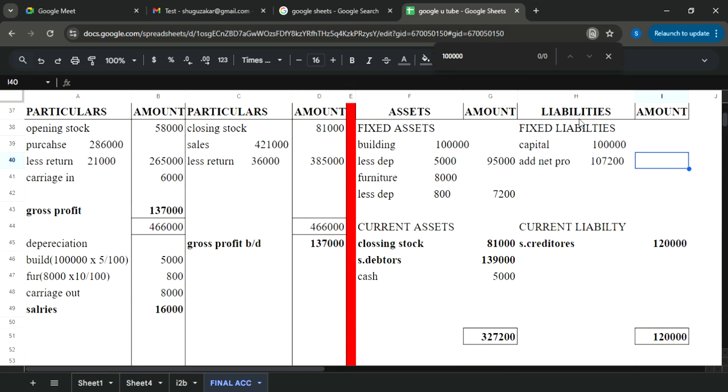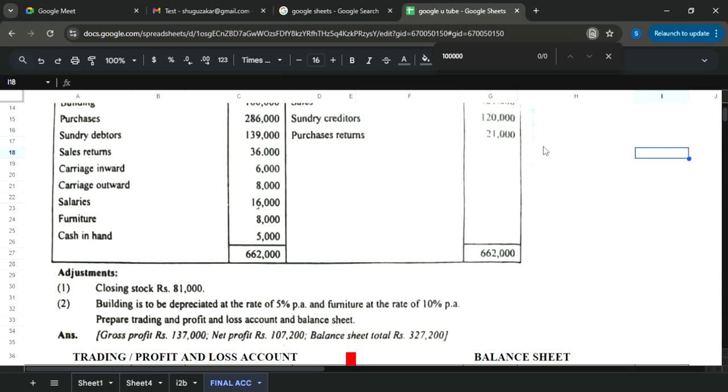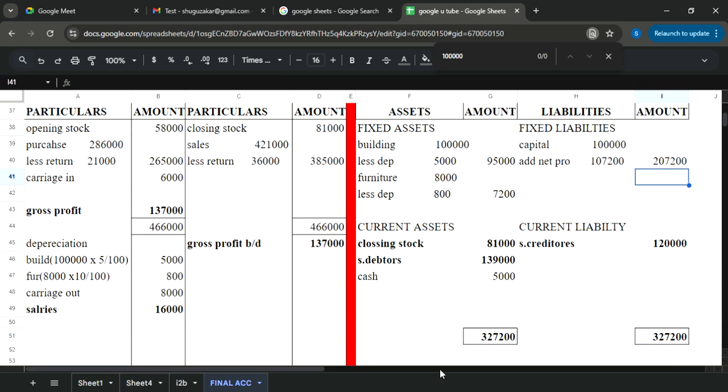Now this net profit would be added in capital. So capital was 1 lakh, and then you will add 107,200, your net profit. Alright guys, everything on liability side has been completed, and look at here, 327,200, and your answer is 327,200.